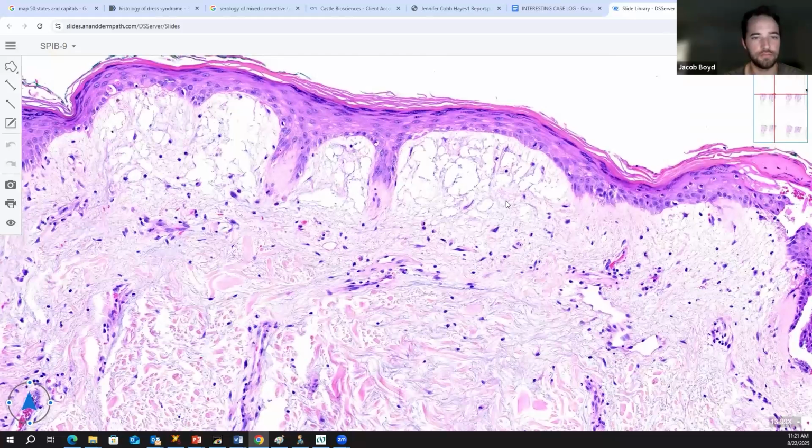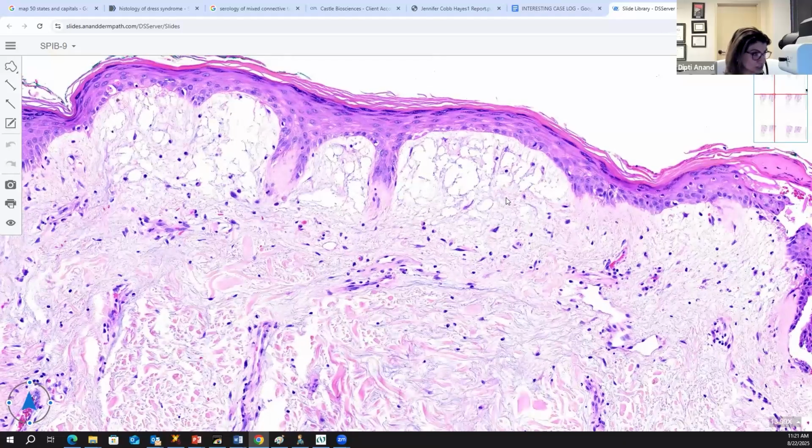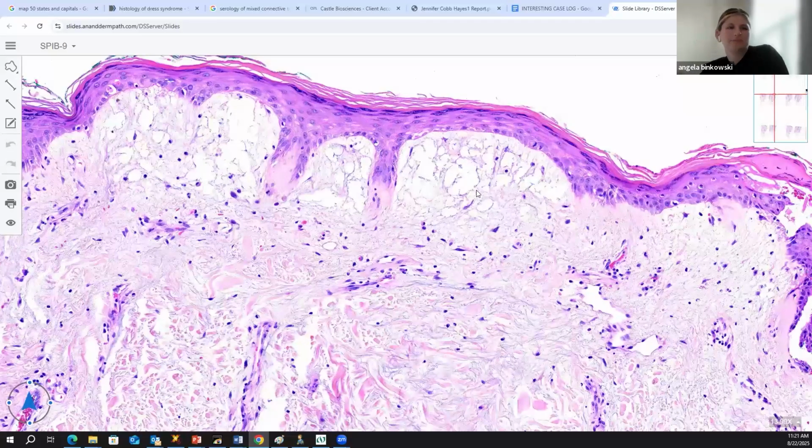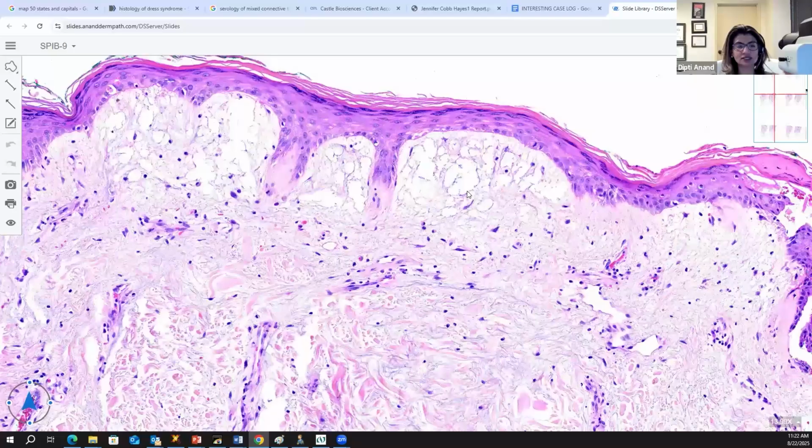Dermal edema. Okay, good. So you're being honest. So dermal edema. So what is that, Angela? I would say almost like reticular degeneration. Okay, so Joshua, you were right, and Angela is also right. So dermal edema. So would you think dermal edema to be associated with the connective tissue disease?